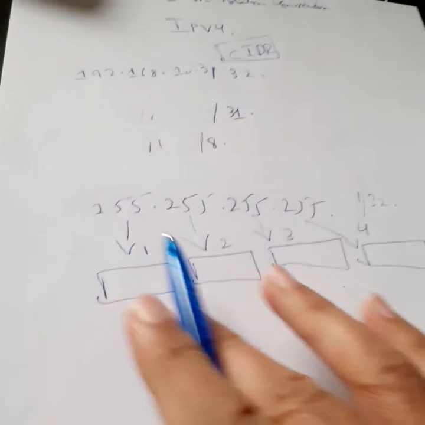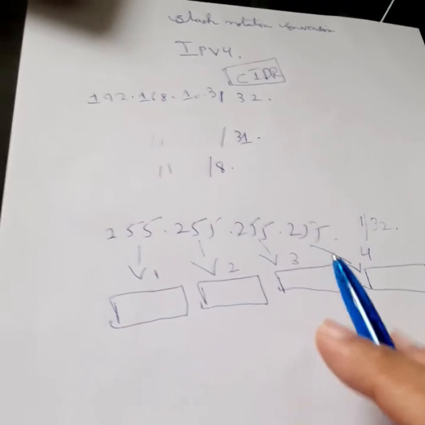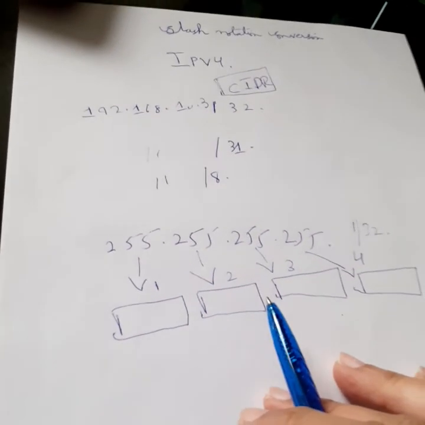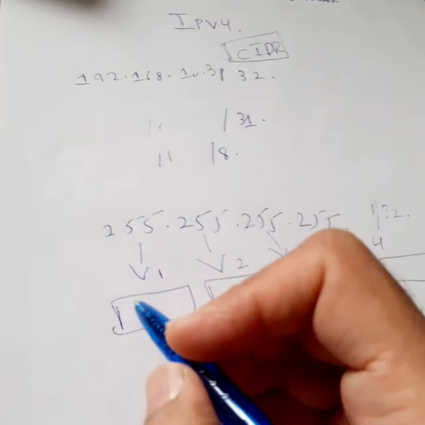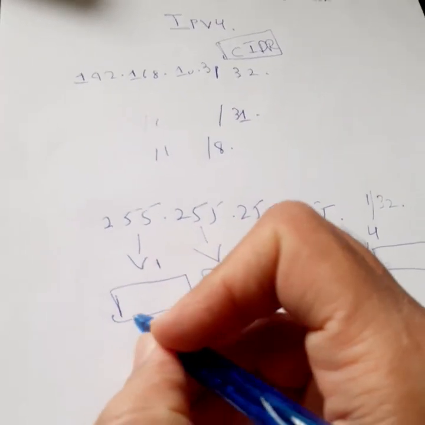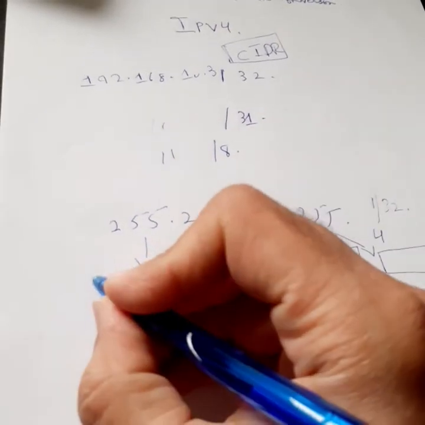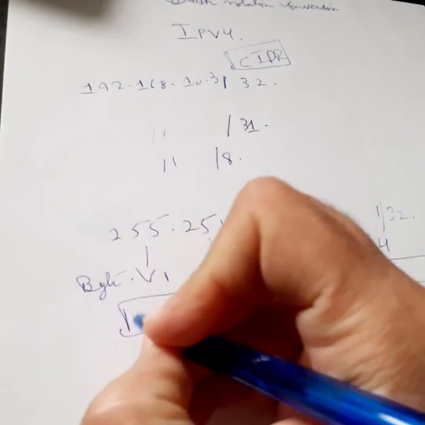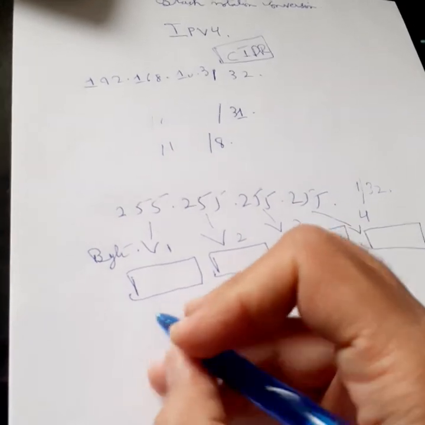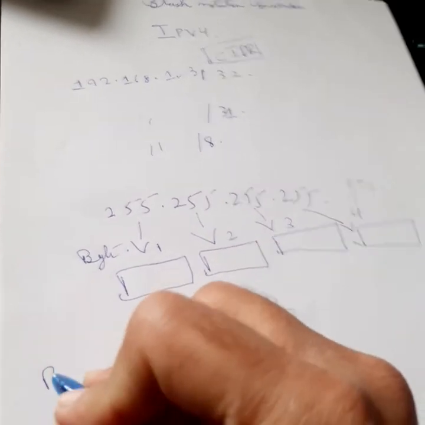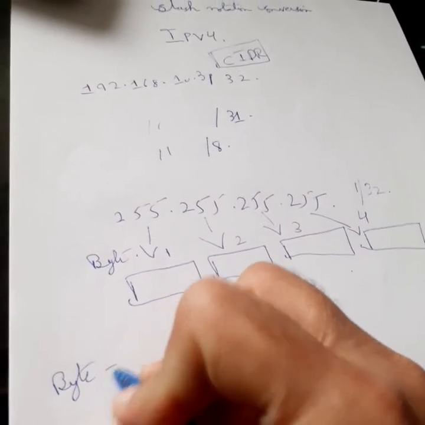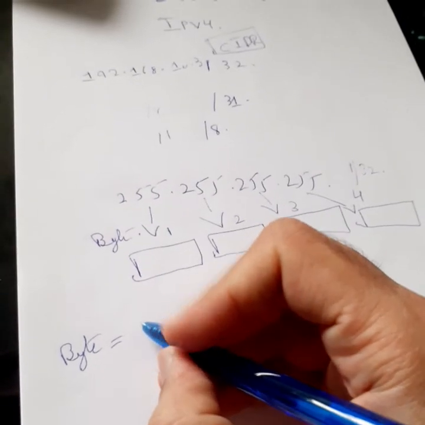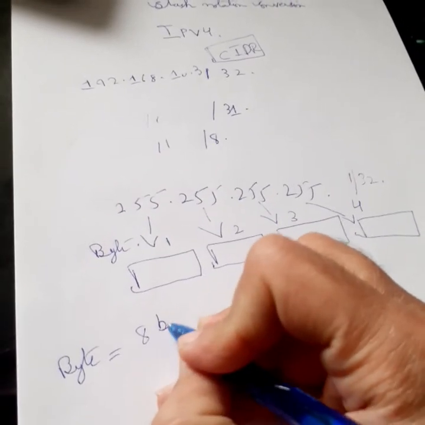When we have defined our octets, we look at the bits. How many bits are inside? The first octet is a byte, and when you break a byte up, it becomes 8 bits.